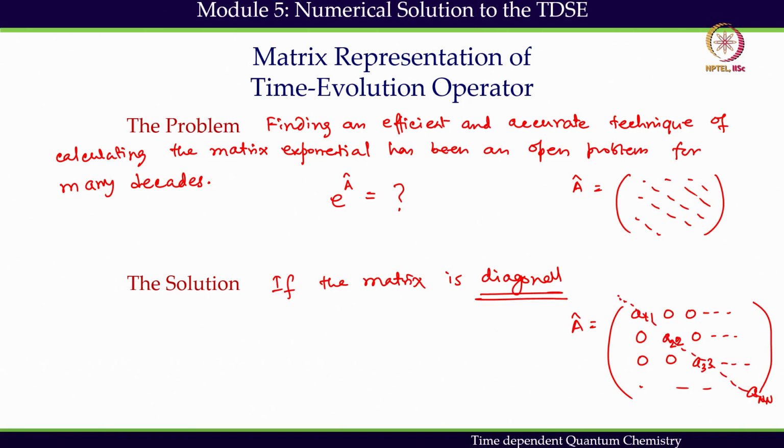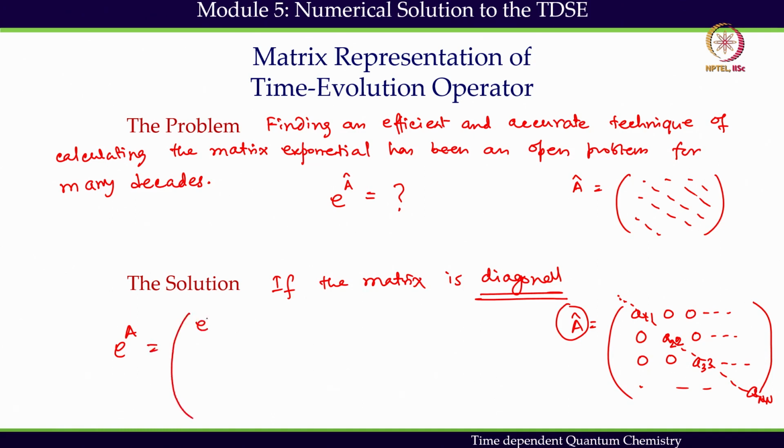And if I have a diagonal matrix, then e to the power A, the exponential of that matrix, can be calculated by exponentiating each diagonal element as follows.